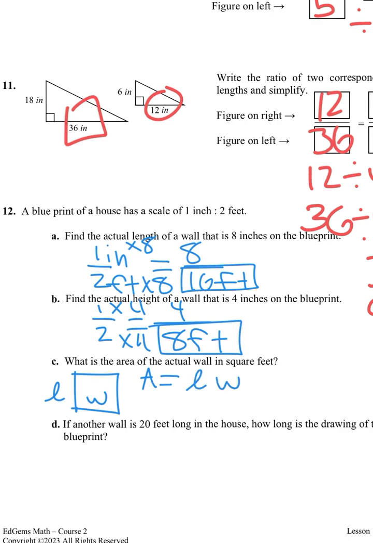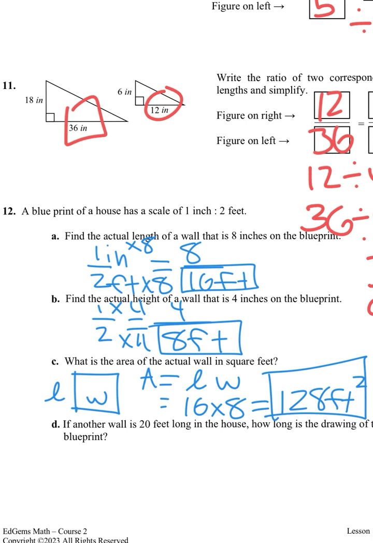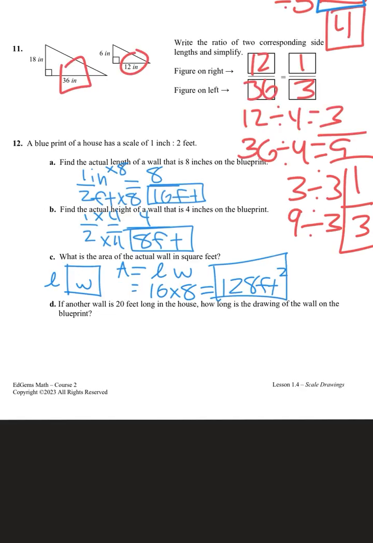So what's the length? 16. What's the width? 8. And then what's 16 times 8? 16 times 8 is 128 feet squared. All right. Again, trust but verify. Use your calculators. Make sure that's right. Okay, let's move on to part D.